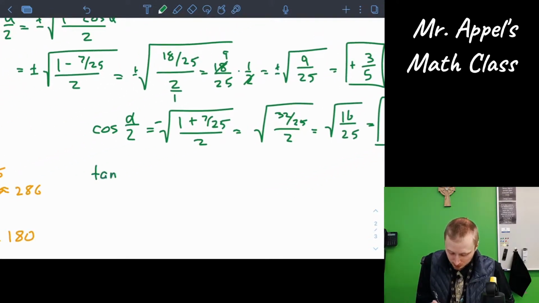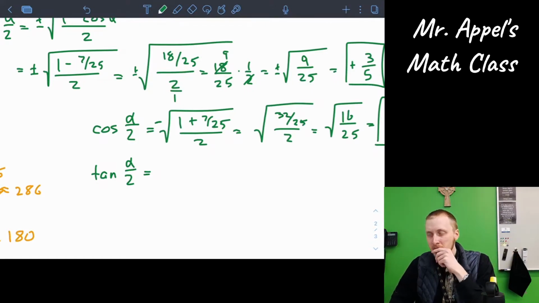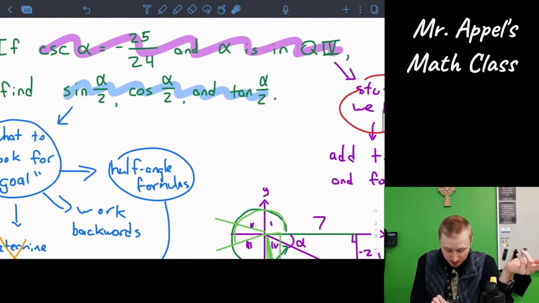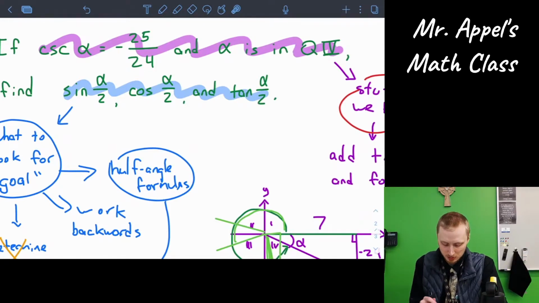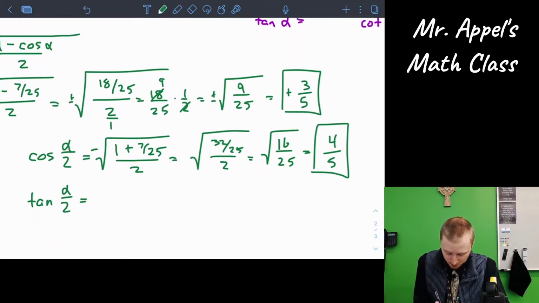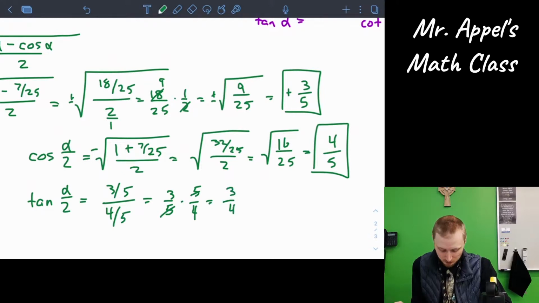And the tangent of alpha over 2. Do you want to use the half angle formula? I need all three of these, right? Problem said find sine and cosine and tangent. Tangent is just the sine divided by the cosine. Why am I going to bother with the half angle formula? Go back to your trig basics here. This should be sine divided by cosine, 3/5 divided by 4/5, which is 3/5 times 5 over 4, should just be 3/4.